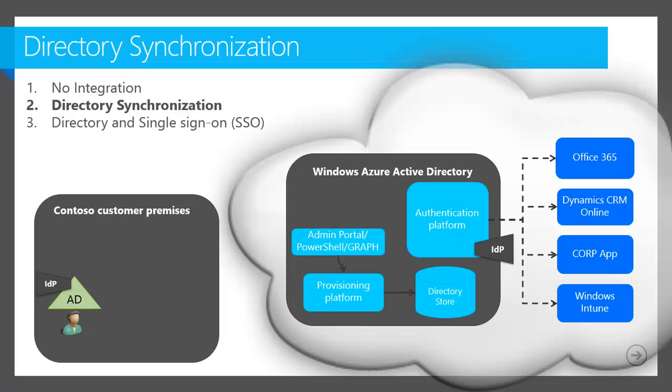When you enable DirSync, and DirSync needs to be on a 2008 R2 box, that's just an agent that needs to be joined to the domain. All it does is take that identity and make a copy of that user account up in Windows Azure Active Directory. So you don't need to manually provision. It's going to automatically synchronize one way, and that's an important distinction.